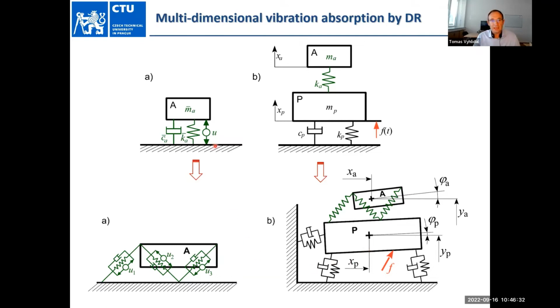So the idea is to extend the classical concept of the one-dimensional delayed resonator to the two-dimensional case. So if we have, for example, a platform like this, which can move in 2 or 3 degrees of freedom, so it has 3 degrees of freedom, which we have to target.